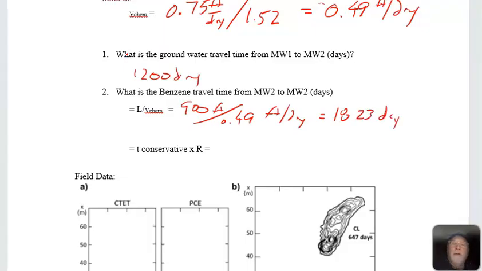Or we could say it's 1,200 days times 1.52 equals about 1,822 days, which is about 5 years. So a conservative tracer like chloride would go through in about 1,200 days, a little over 3 years. This is going to take 5 years to get there.